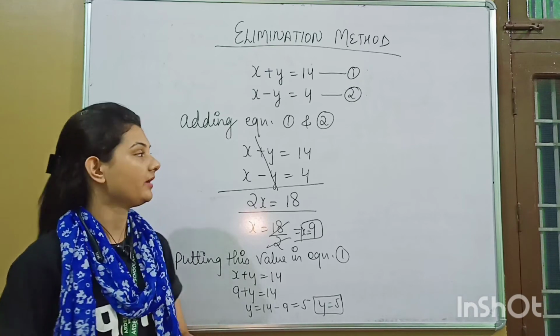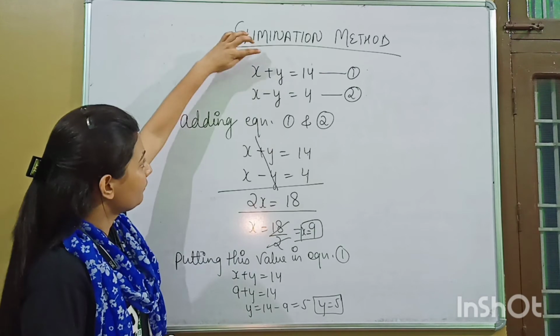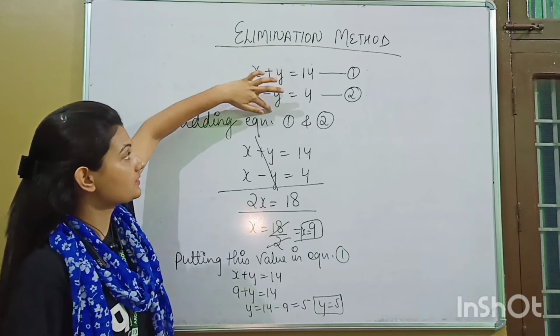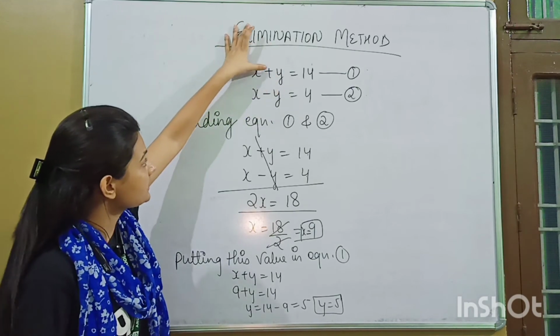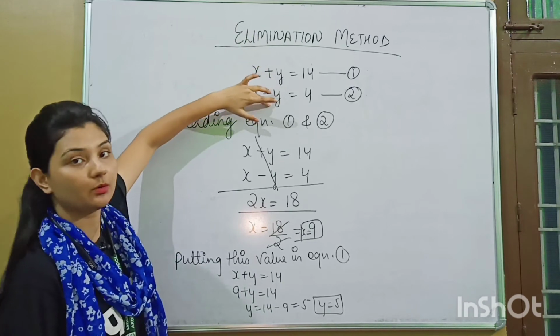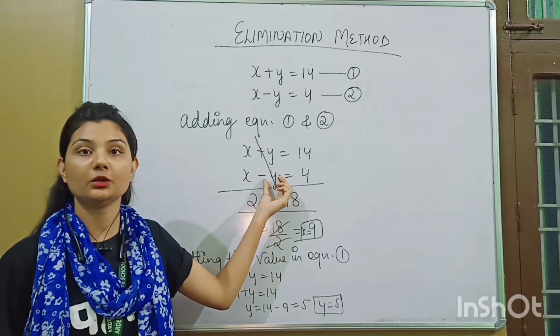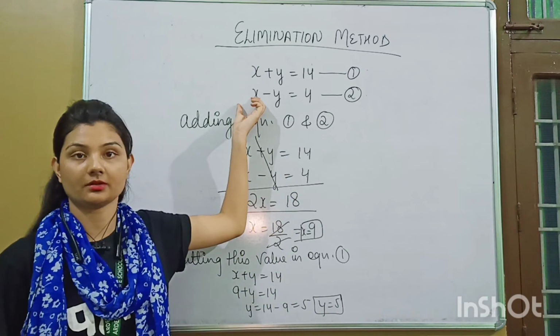What we have to do is eliminate one variable from the equation. As the coefficients of y and y were the same, 1 and 1, and the signs were different, we added both the equations. Now if you don't want to remove y and you want to remove x instead, that depends on you.